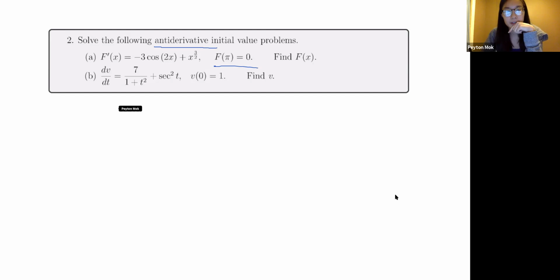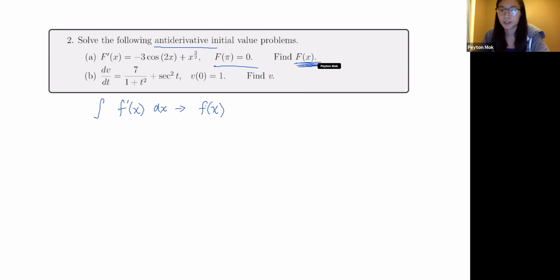If I give you f prime x and I want to find back f of x, how do I do that? In order to find back the antiderivative, we have to use integration. That's how we find back f of x, and that's what the question is asking here.